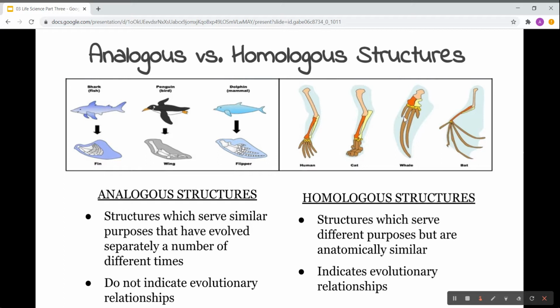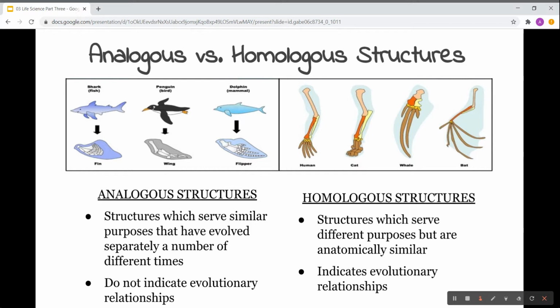A whale, this is their fin, uses them to swim. A bat, which is very similar, uses that to fly. So they look very similar in terms of appendages, but they serve different purposes. So this indicates evolutionary relationships because they're all similar, but they are slightly different.